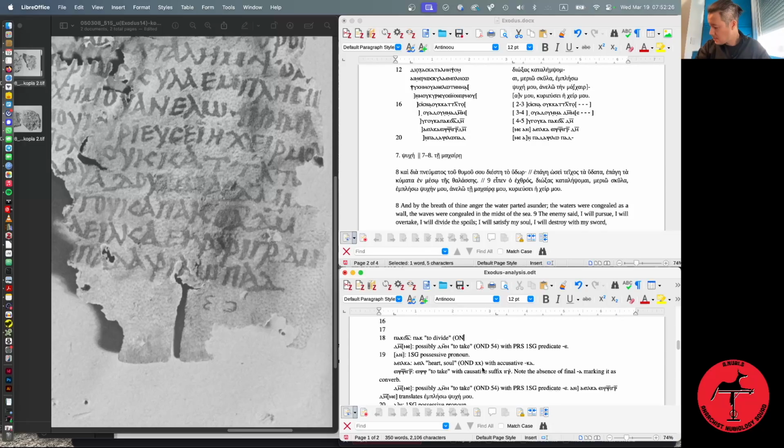Divide with plurirectional because it's a plural object. So we have this schema. Hide. And predicates marker.